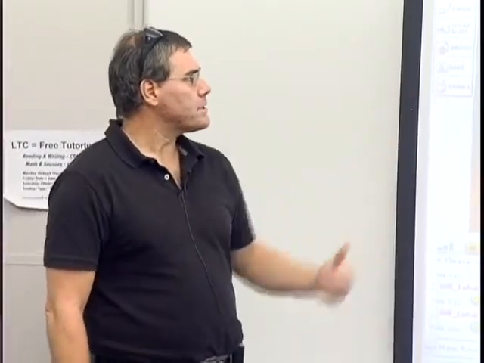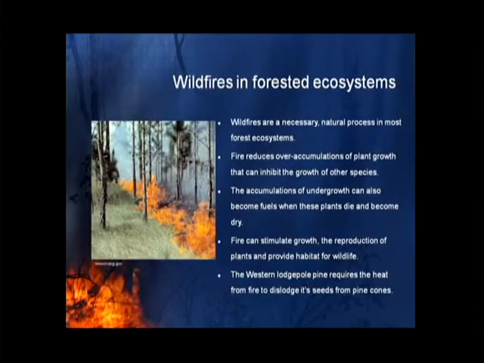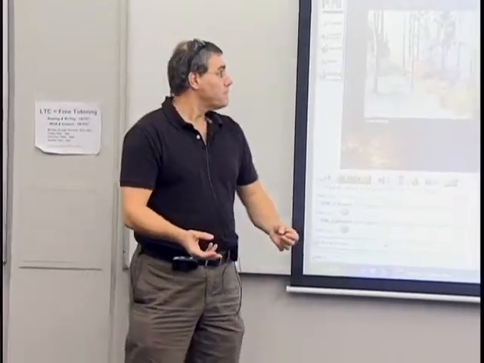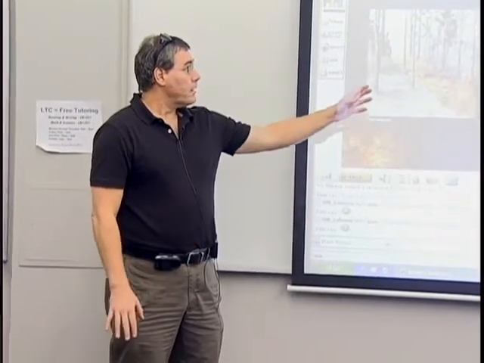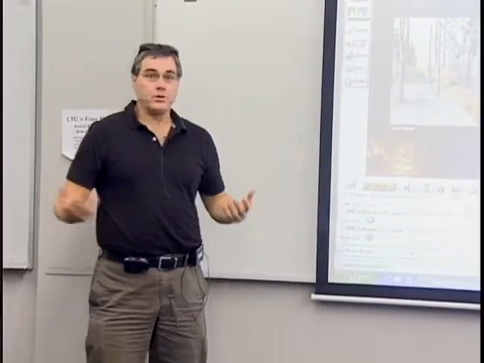Yeah, exactly. Okay, and forested ecosystems need fire. Wildfires are necessary, they're natural processes, and fire reduces the overaccumulation of plant growth, specifically undergrowth. If you accumulate a lot of it, and you have dried conditions, you just have tinder, and it'll go up. Also, this underbrush inhibits the growth of other species. You get rid of it, and you can allow other species to proliferate. Forests naturally burn.